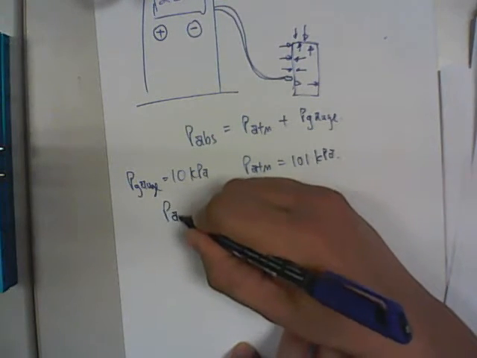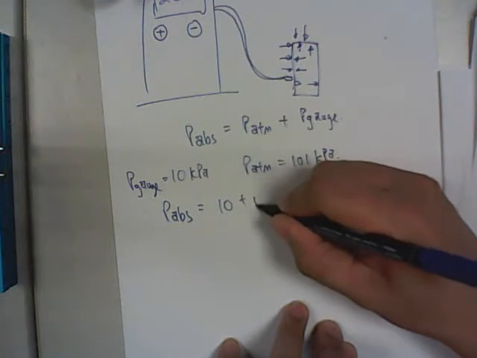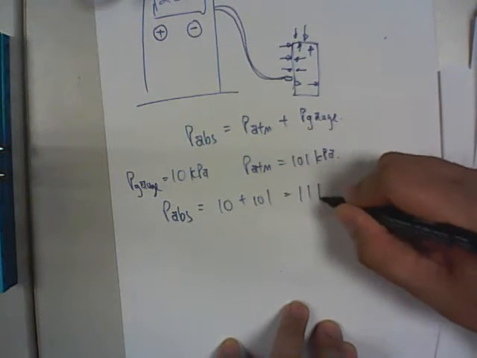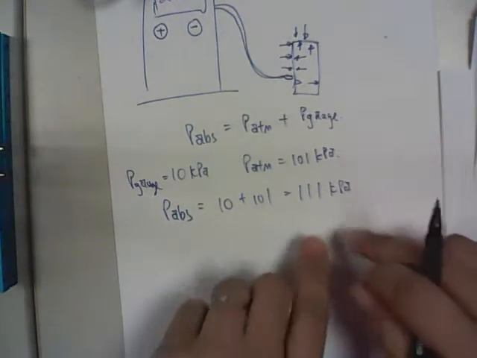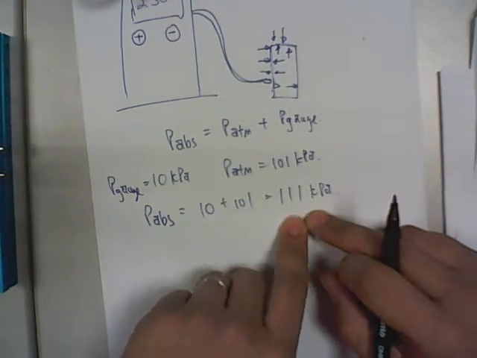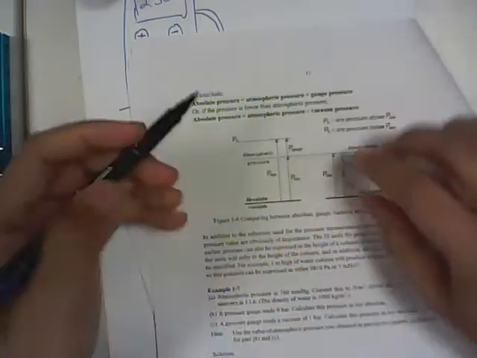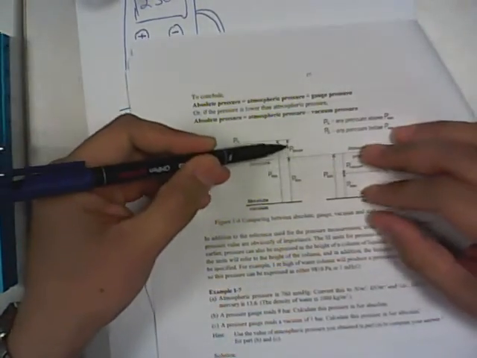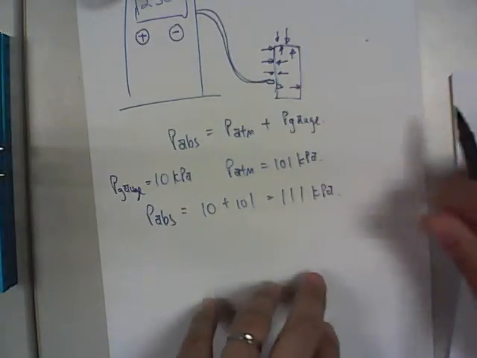So my absolute pressure will become 10 plus 101, which is 111 kilopascals. This absolute pressure is higher than the atmospheric pressure, and you can see that from page 17 in the diagram, showing that the amount that is higher than atmospheric is your gauge pressure, anything that is above. Which brings us to the next topic.